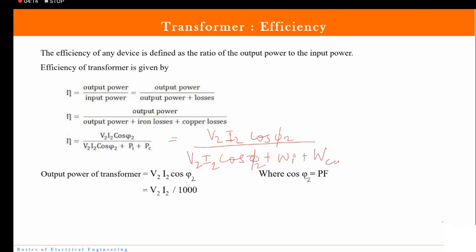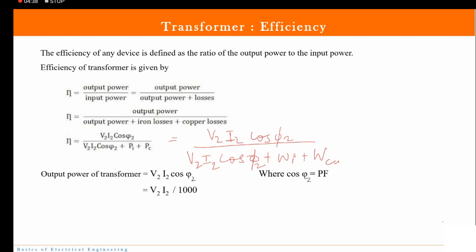Okay? Yes. So what I'm going to do is, I'm going to convert this into kVA. Now in last lecture we understood what is kVA. Correct? Kilovolts ampere. So this output power will be converted into kVA instead of watts.